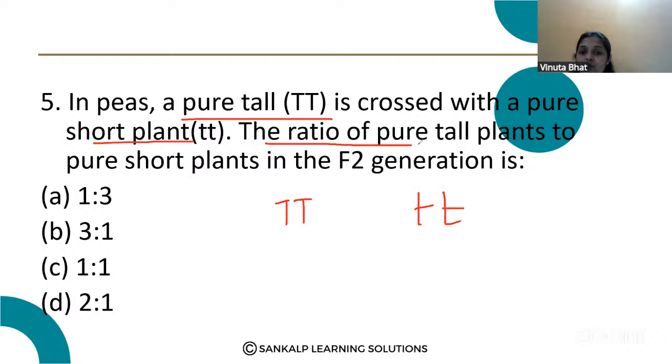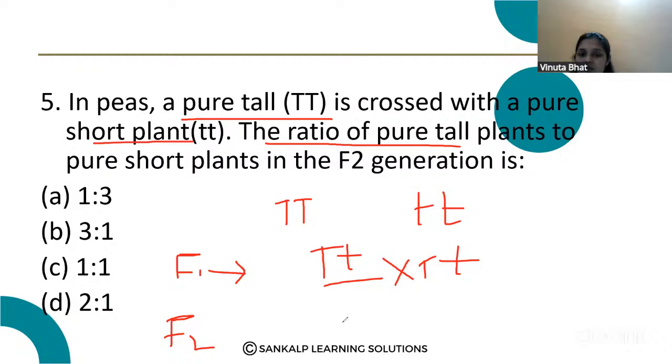In the F1 generation, all the plants are tall but have the genotype capital T, small t. In the F2 generation, when two F1 plants are crossed, we get capital T capital T, capital T small t, capital T small t, and small t small t.